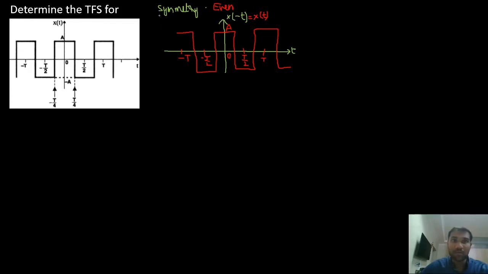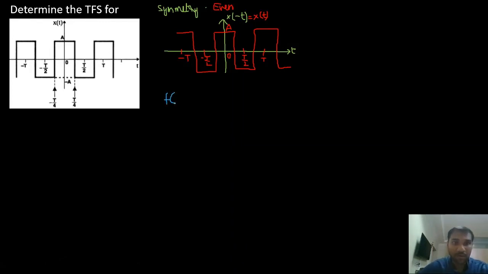So we have found out one of the symmetries, that is, the given signal has even symmetry. We should also see if there is any other symmetry that the signal exhibits. So let us check for half wave symmetry. If I have to look at half wave symmetry, what is the formula for half wave symmetry?